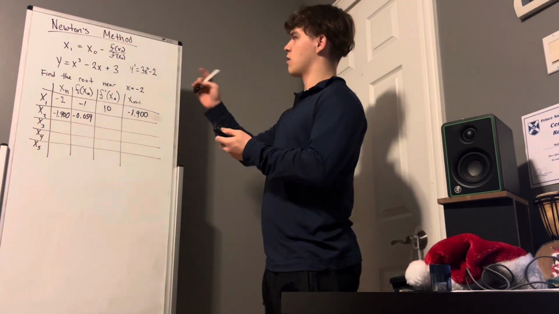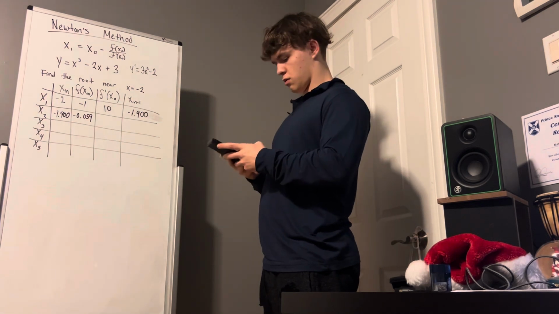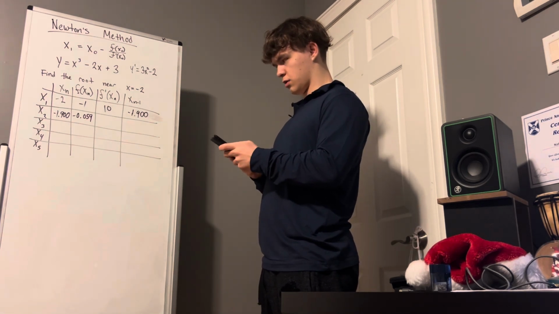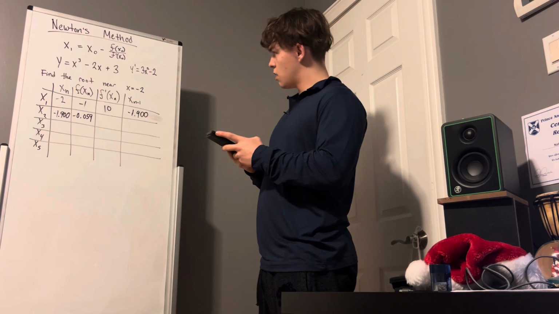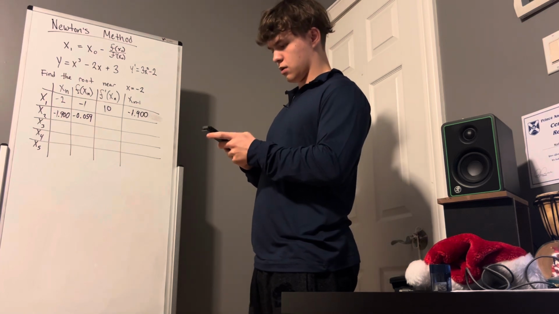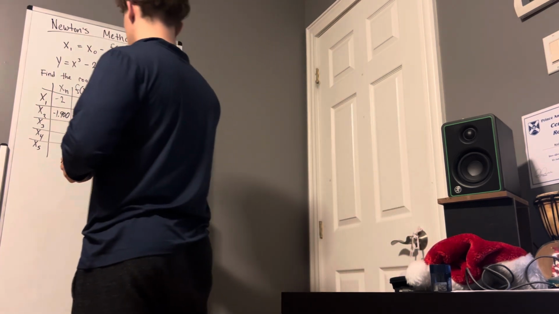And then we're going to get our f prime, that's 3 times 1.9 squared minus 2 is 8.83.